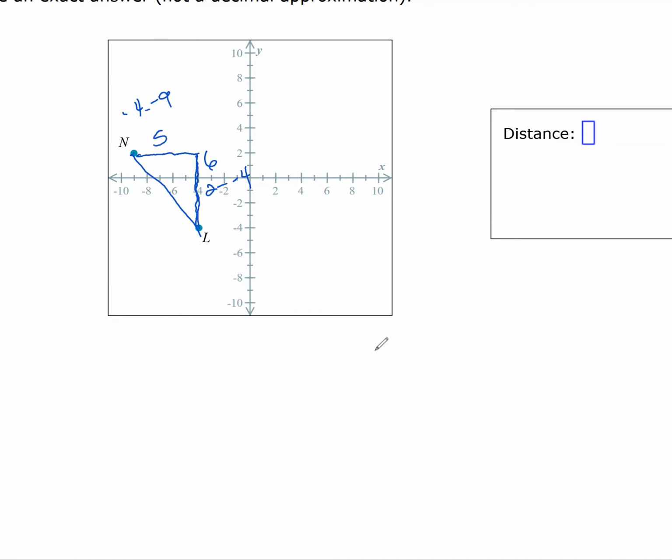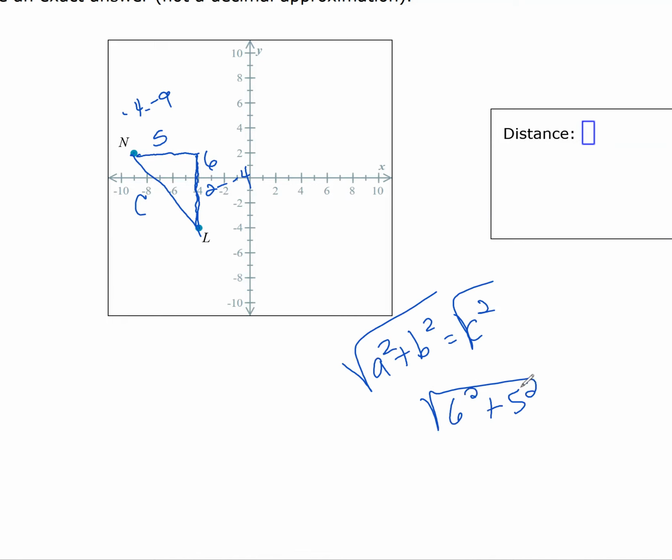So when you use the Pythagorean theorem, it's a squared plus b squared equals c squared, but we want c, right? So we're going to take the square root, and we want the principal square root because a negative length doesn't make any sense. So c is the square root of 6 squared plus 5 squared.